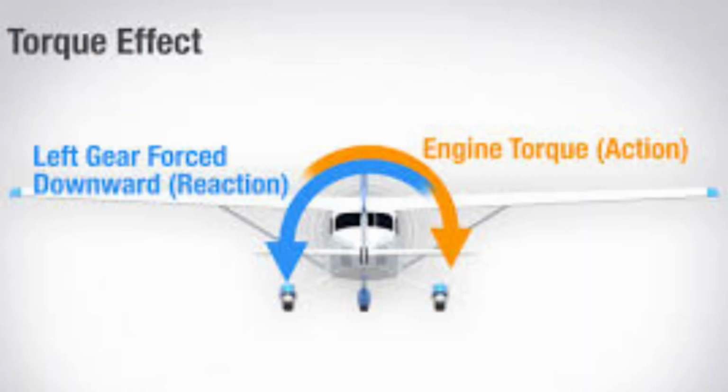Because of Newton's third law, we understand that for every force, there's an equal and opposite reaction. Because of the propeller spinning clockwise, the opposite reaction would be to bank to the left. So because of torque effect, this will cause our plane to bank to the left.